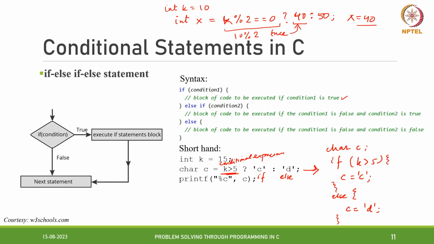So that is what is done here. Sir, I have a doubt regarding if and if else statements. Yes, ask the doubt.